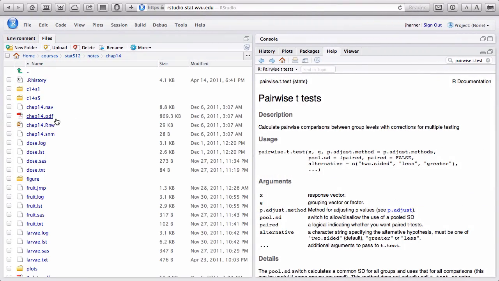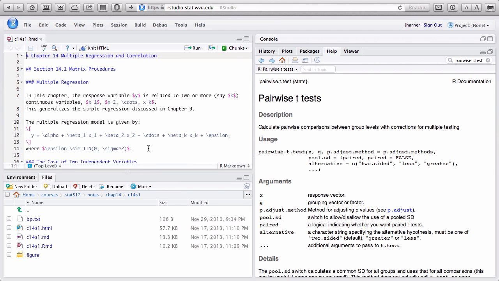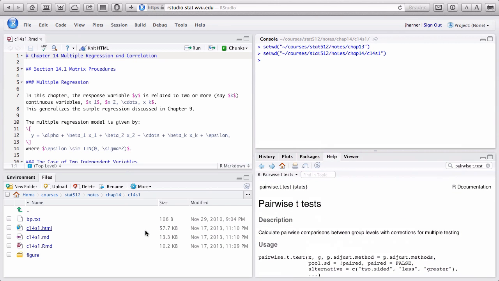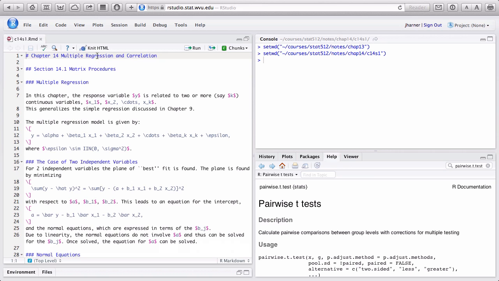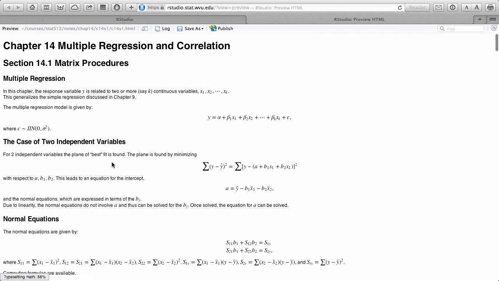We're going to get started in regression, starting in section 1. I'm going to look at regression, and I'm going to set the working directory here. And just for the sake of reference, so I can talk about it, I'm going to go ahead and run this so we can look at the output.